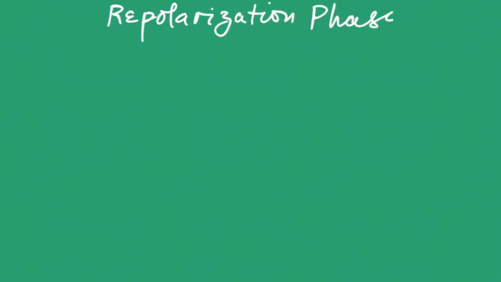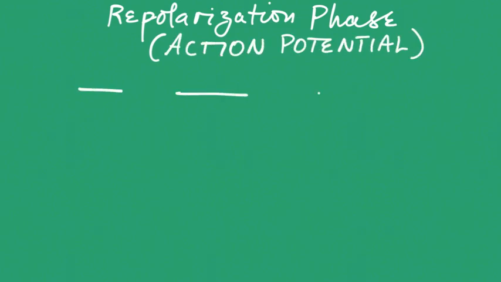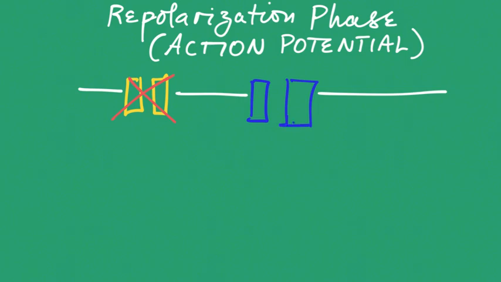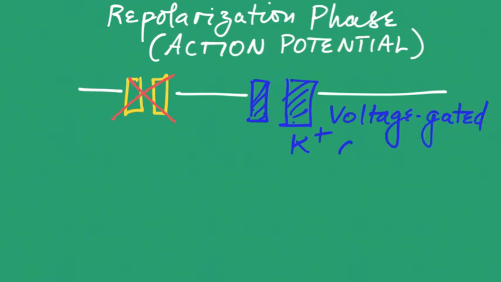So now let's take a closer look at how the ion distribution and proteins and channels work in the repolarization phase of the action potential. Remember that there is more sodium outside and more potassium inside. We're dealing with two different channels here. The voltage-gated sodium channels close, and the voltage-gated potassium channels open because they respond to the change in voltage.